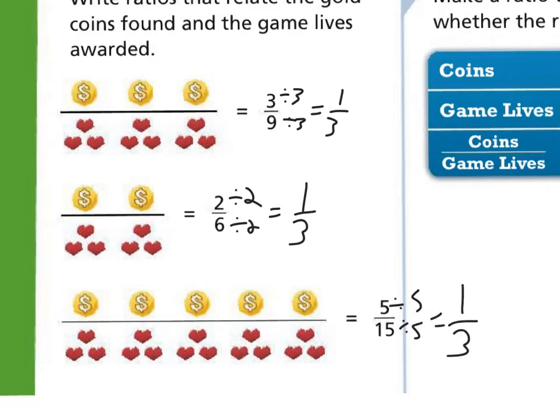So in the numerator was our game lives. So what that means then is for 1 coin is 3 game lives.